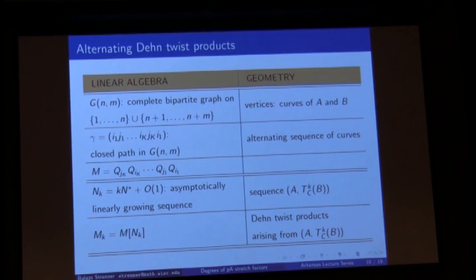So geometrically, what I have is this fixed red curve and more complicated blue curves. And I construct these pseudo-Anosov maps from all these pairs, which become more and more complicated. These M_k are the matrices that describe these pseudo-Anosov maps.